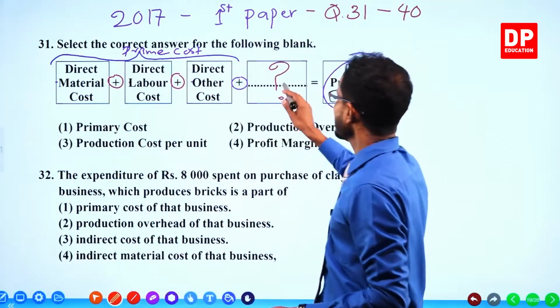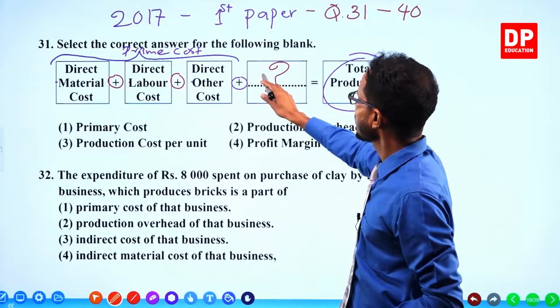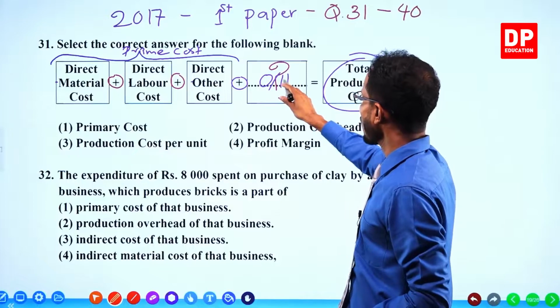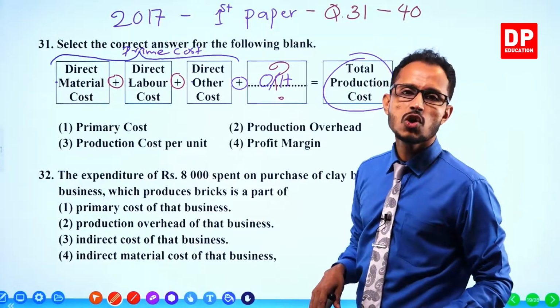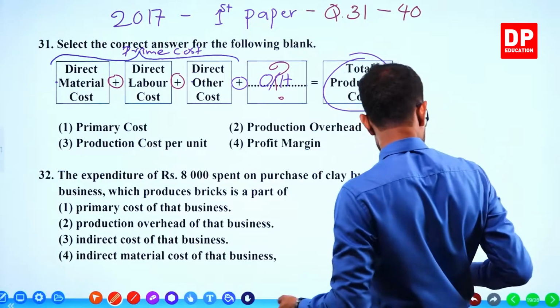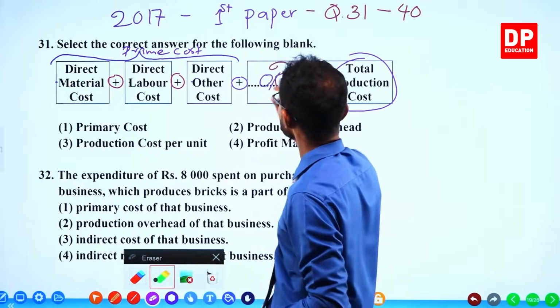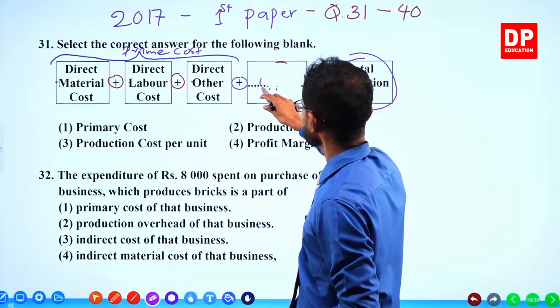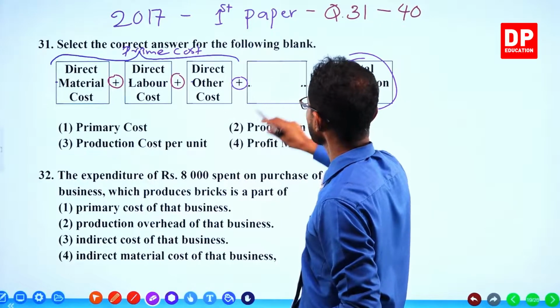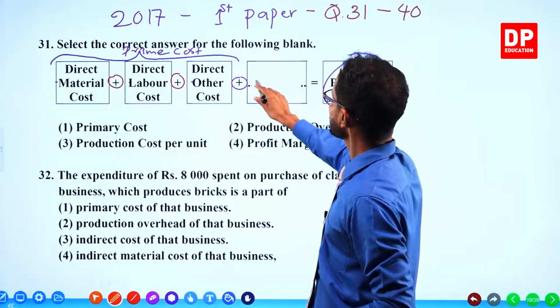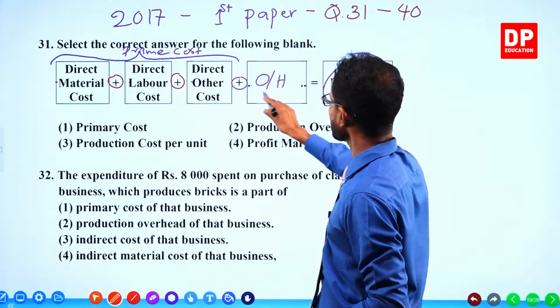That's right. So this blank is overhead cost. Now it's not a blank anymore. We can fill it, and we know prime cost should be added to overhead cost.